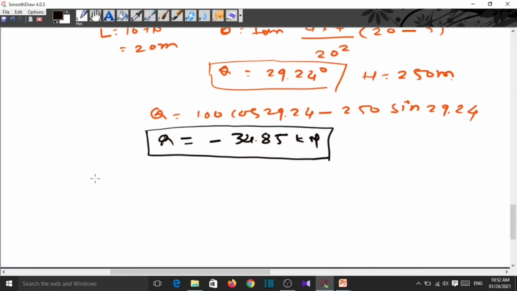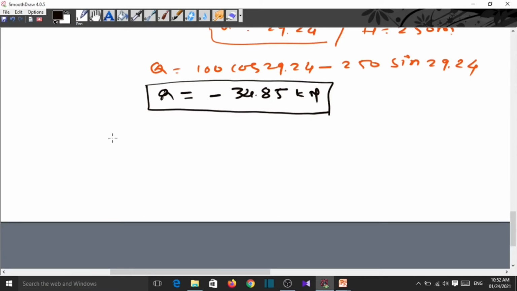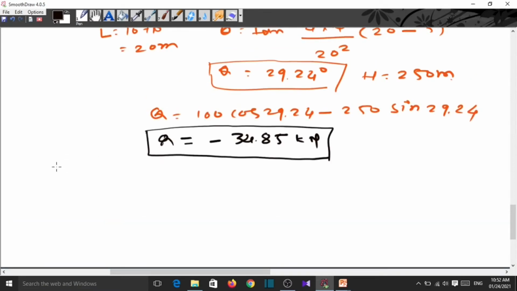Then next is the radial shear. Next is the normal thrust. That is equal to V sin theta plus H cos theta.